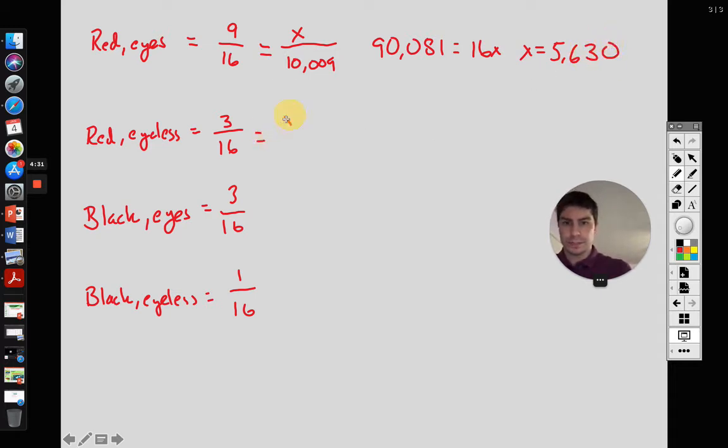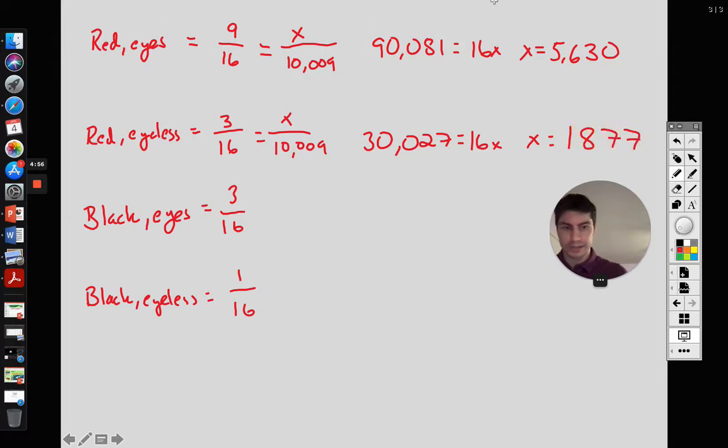Okay. Same thing with the second one. We're going to do the same exact proportion here. 10,009 times 3, we get 30,027 equals 16x again, where x is 1,877 approximately if we round. This one is the same exact proportion.